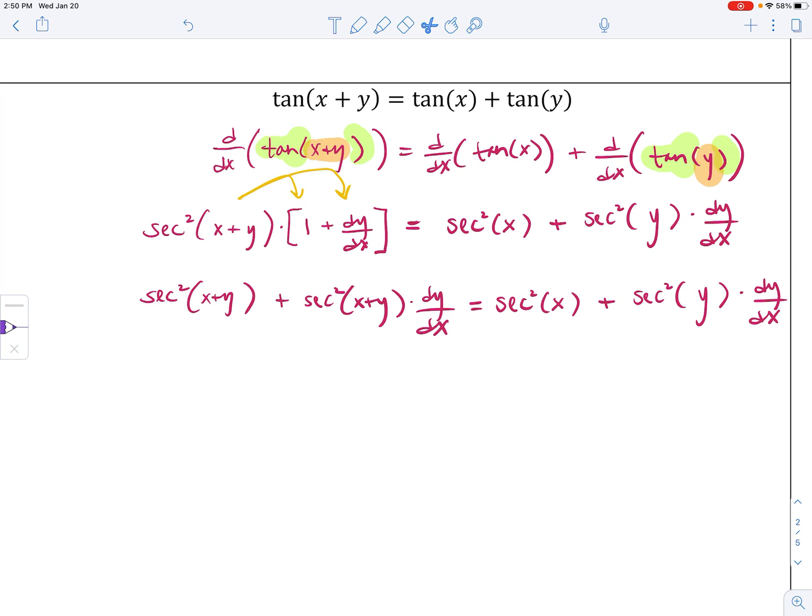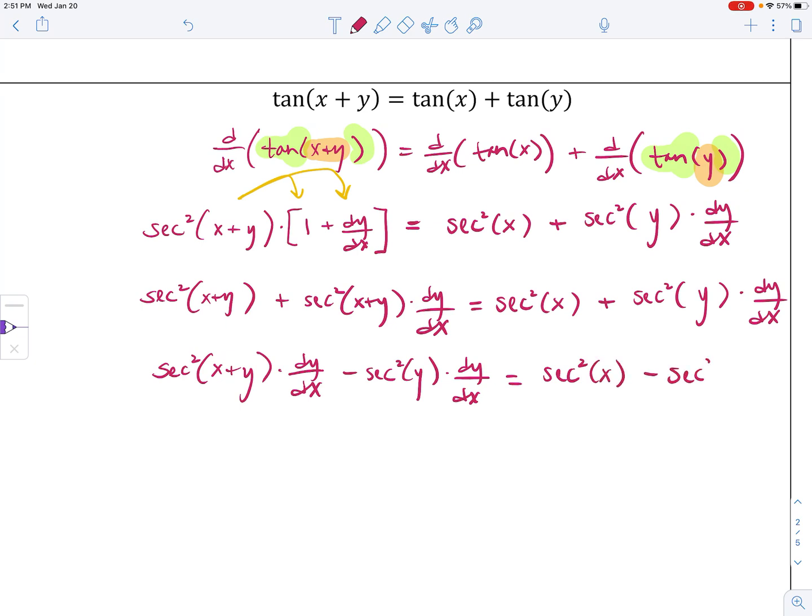There we go. I'm going to get the terms with dy over dx on the left-hand side just because I like my final step to have dy over dx on the left side. So I'll have secant squared of x plus y times dy over dx minus secant squared of y times dy over dx.